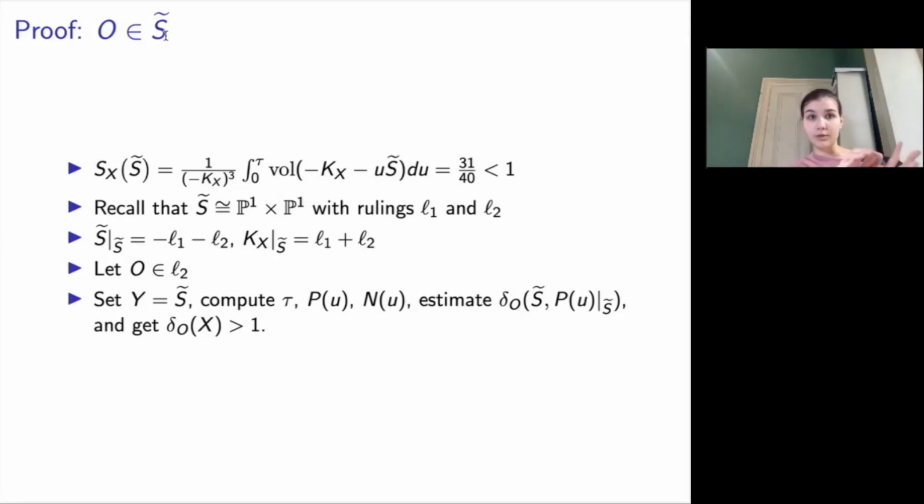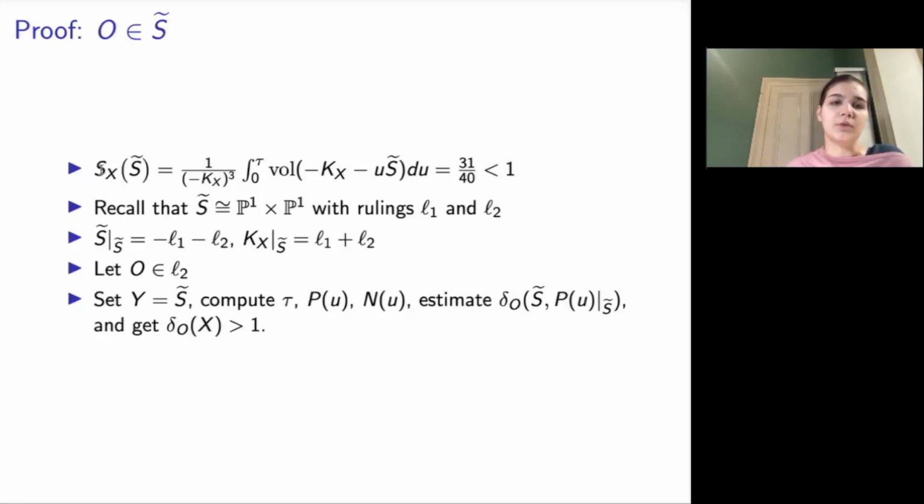Remember, we had a curve C, and we had a surface S, which is isomorphic to P1 cross P1, and then we blew up this curve C, and S tilde is the strict transform of the surface S, which was isomorphic to P1 cross P1. Since this surface S tilde has quite explicit structure, and because it's just P1 cross P1, the computations for it are quite straightforward.